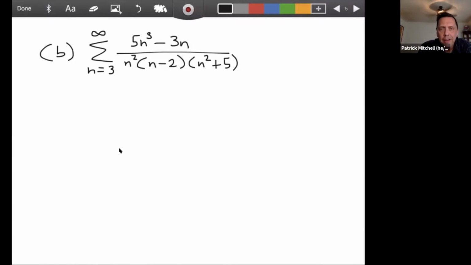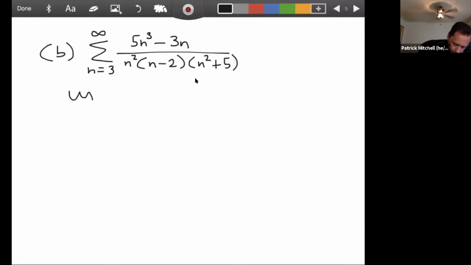Okay, well, I'm not going to bother trying direct comparison test this time because I see, well, just in the denominator, I have a mix of pluses and minuses. So I don't think that I'm going to be able to get a very clear read on how this denominator compares to n squared times n squared. Okay, so let's just go right to the limit comparison test.